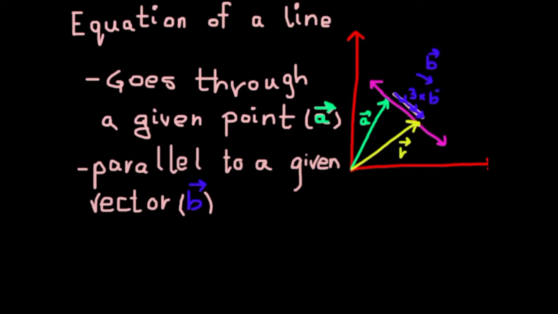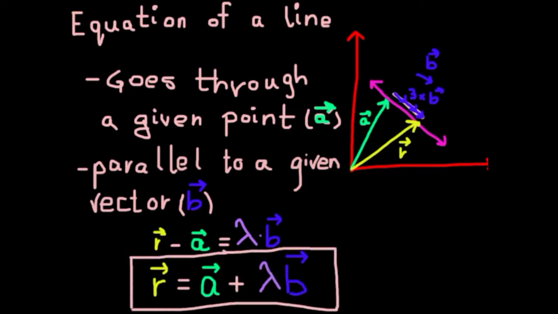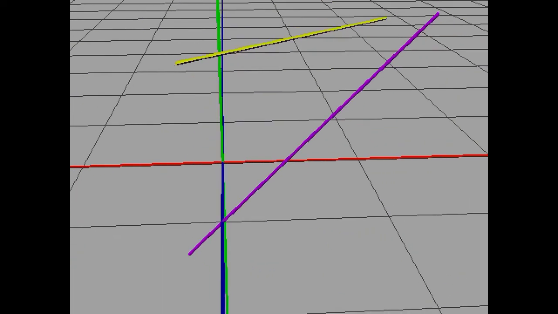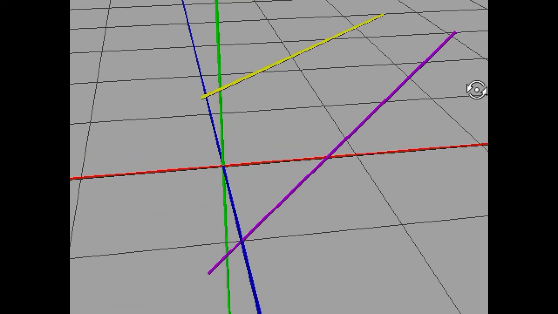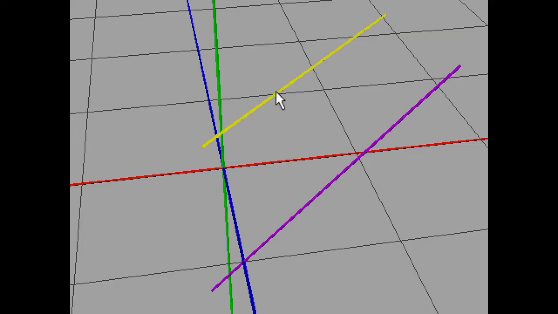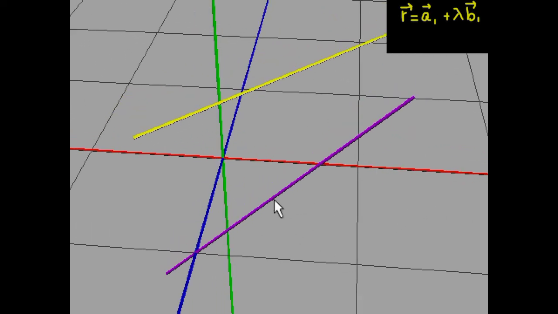So if A vector represents a line passing through the point A, and the B vector is parallel to the line, then the equation of the line is r vector equals a vector plus lambda times b vector, where lambda is a scalar quantity.